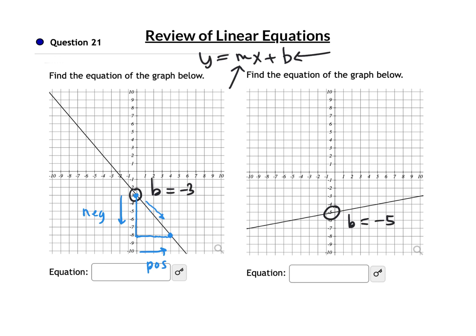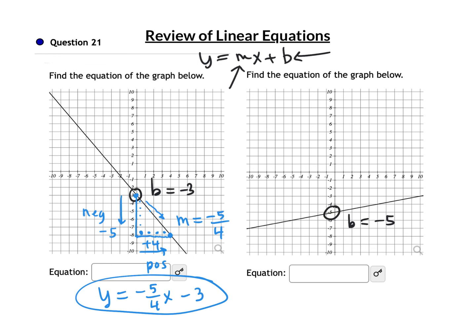I've got 1, 2, 3, 4, 5. That's -5. And the run is 1, 2, 3, 4. That's +4. So the slope, rise over run, is -5/4, which means the equation is y equals mx plus b, -5/4 x minus 3.